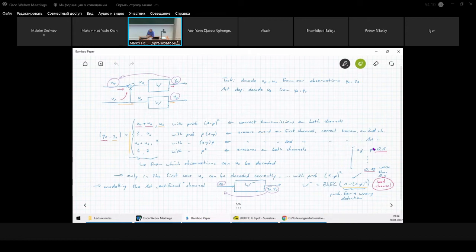Let's use a number as example, p being 0.1, 10% error probability. We see that this already turns out to be 0.19. So this will be a higher error probability when trying to decode U0. Because so far this is bad, we want to improve.